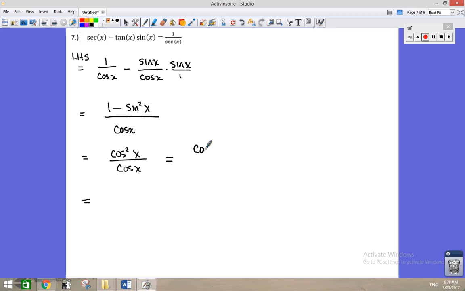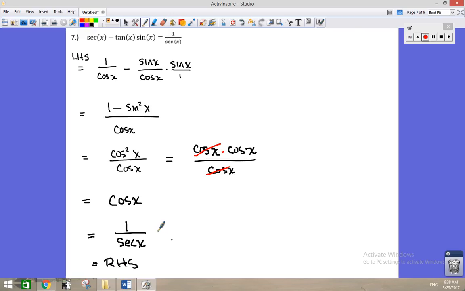Hopefully it's extremely clear that cosine of x times cosine of x divided by cosine of x, since this is multiplication, those common factors reduce. And cosine is the same thing. Cosine and secant are reciprocals of each other. So cosine of x is the same as 1 over secant of x. And that's the right-hand side.